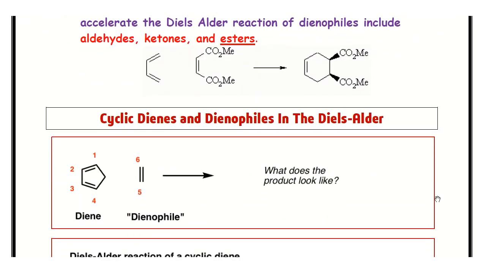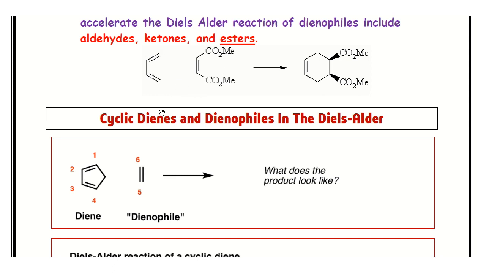So now let's discuss different examples of compounds undergoing the Diels-Alder reaction. Up to now we have discussed examples of simple aliphatic, or non-cyclic, dienes and dienophiles.